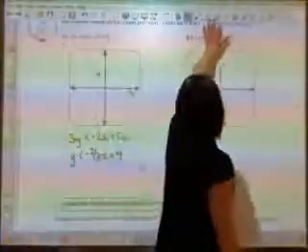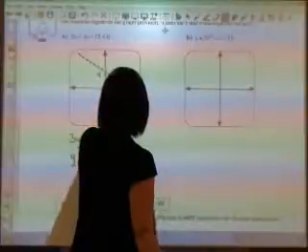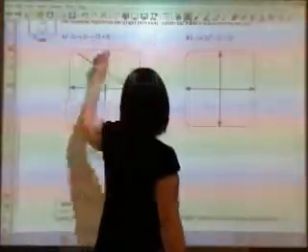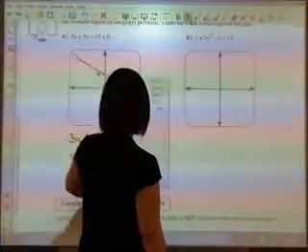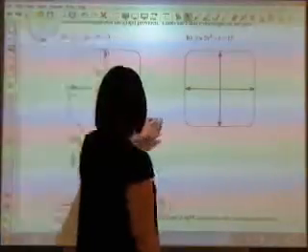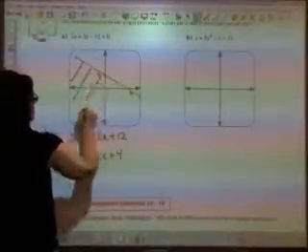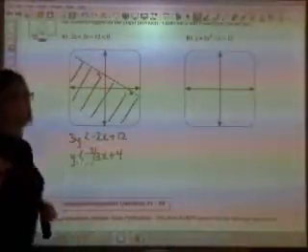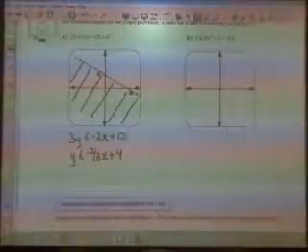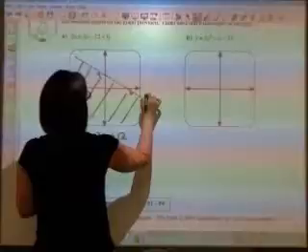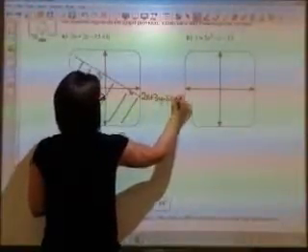A dotted line, because it's not equal to. And then I shade everything below. And then I should label the line as 2x plus 3y minus 12 is less than 0.